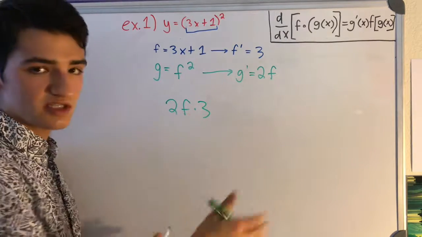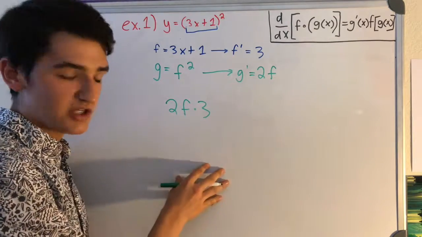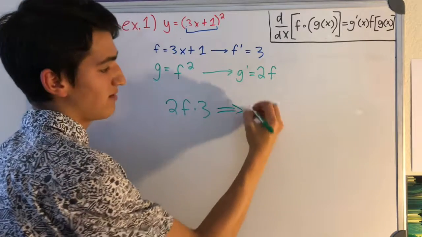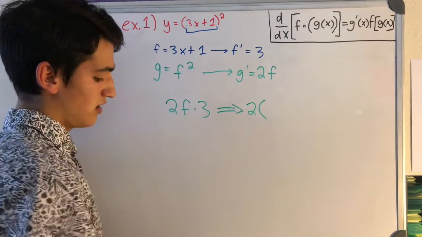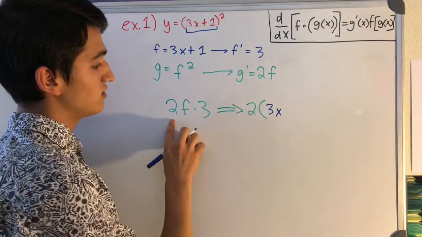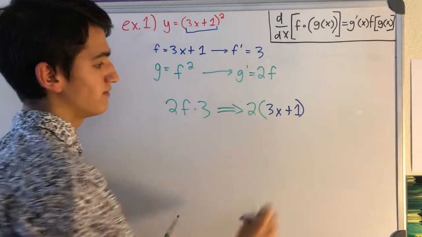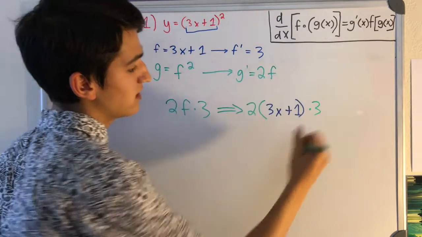However, F is just something we made up. We said that F stands for 3x plus 1, so we actually have to plug in for F here. So this is the same as 2 times F, and I'll write it in blue just to show that that's what we were calling it. So 2 times F, which is 3x plus 1, and it's just that times 3.